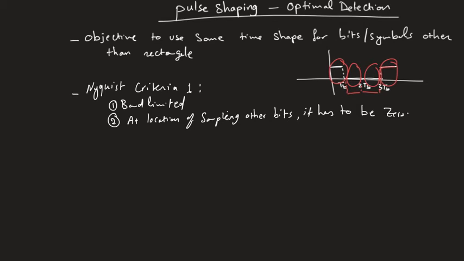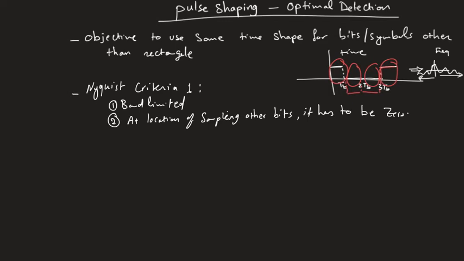Now, what does this mean? It means that when I look at the pulse shape in the frequency domain, it should not go to infinity. Remember that the rectangle in time will look like a sinc function in frequency, and accordingly, it will have an unlimited band. It goes all the way to infinity without going to 0, right?